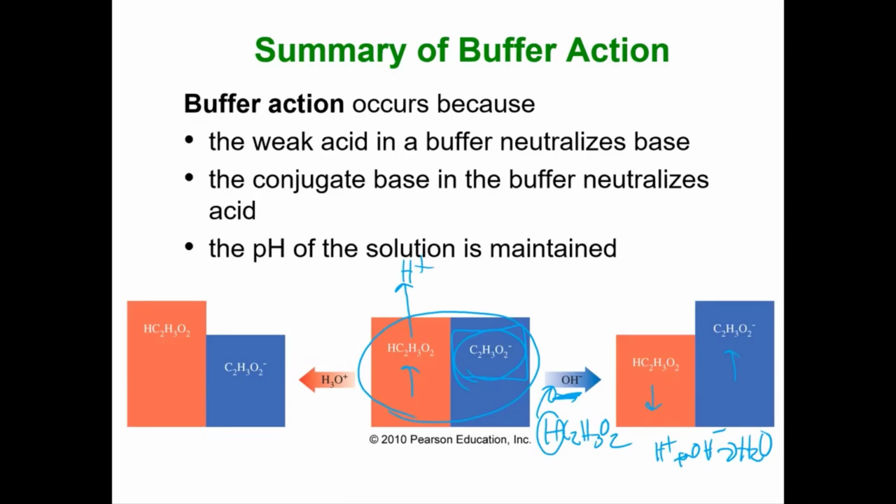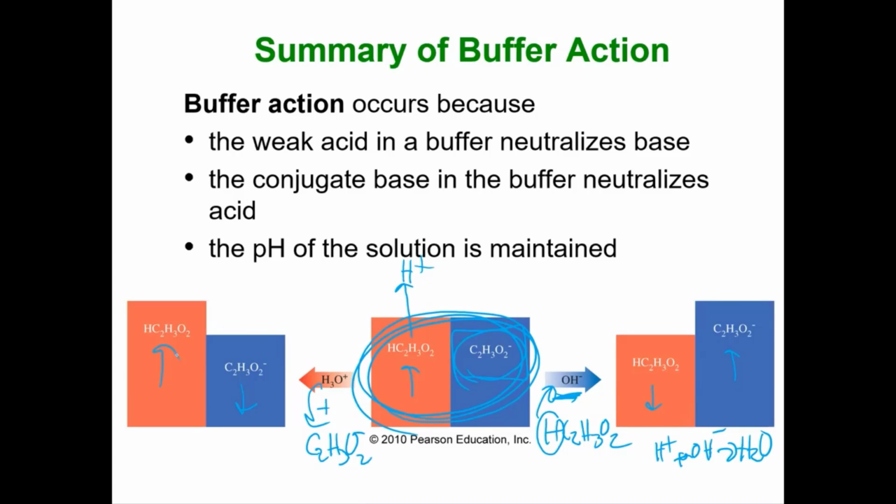Now, if I add a bunch of acid to this buffer solution, what'll happen? Well, the acetate ion is the conjugate base to a weak acid. So the hydronium will protonate that. And what I'll get is a decrease in this and an increase in this acetic acid, but that mainly doesn't dissociate because it's a weak acid.